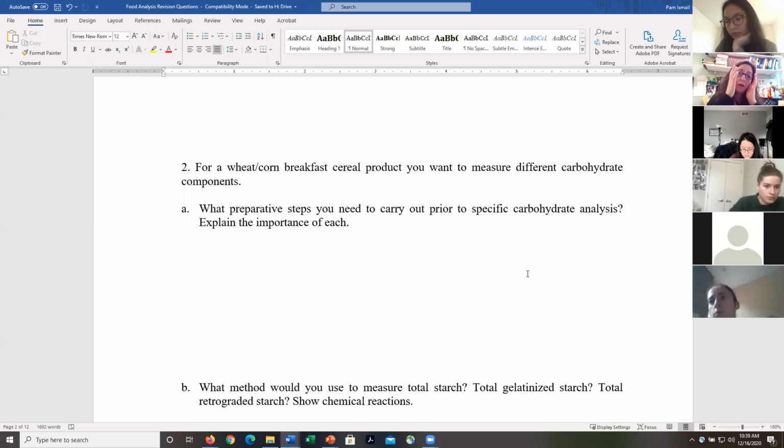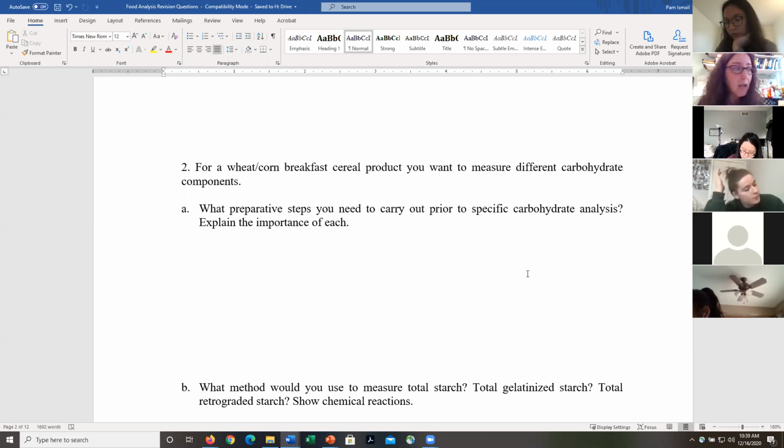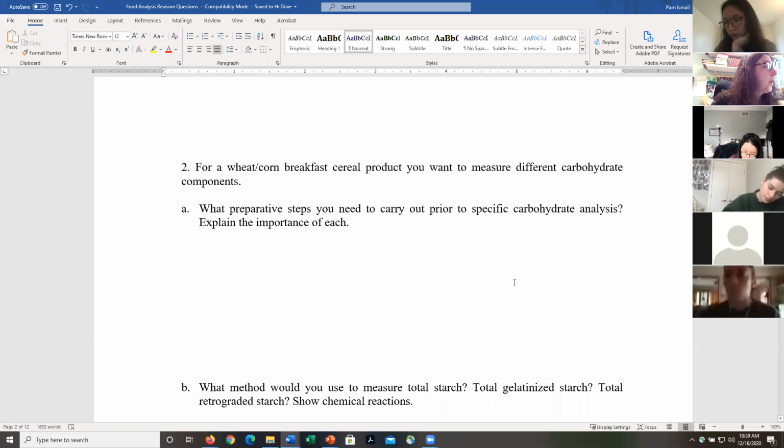If you're measuring small sugars, then you say, okay, I'm going to extract with 80% ethanol to get the small sugars. So you have to be careful reading the question and see what the question is really asking you. Here, all I'm saying is removal of moisture and fat to prevent interference. That's it.